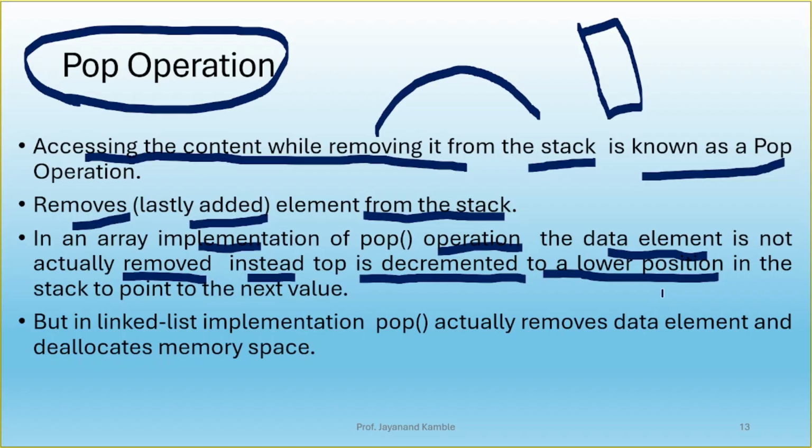When I show you the implementation, you will see that the array element is not actually removed. What we do is decrement the value of the top pointer by 1. So in case of removal, we are decrementing the value of top by 1. That is what we are doing.